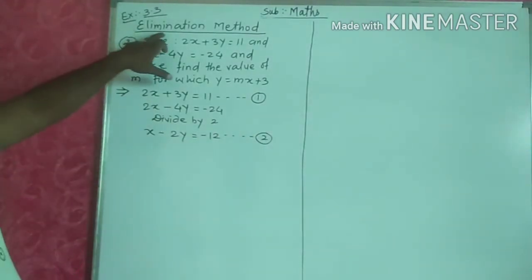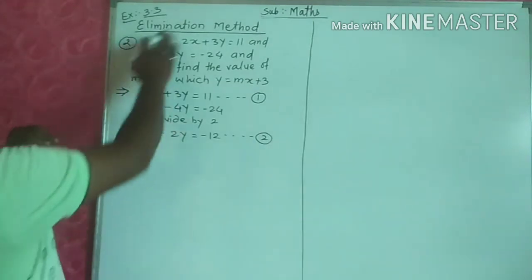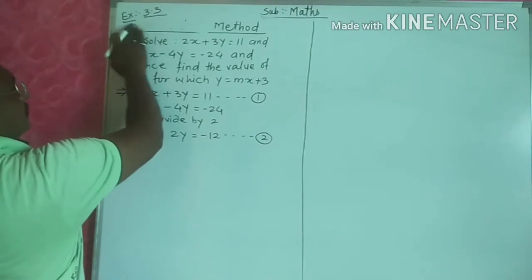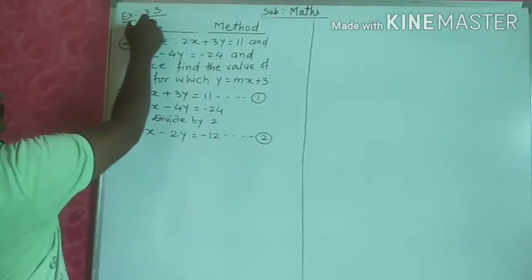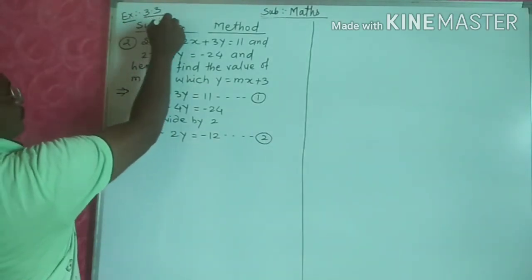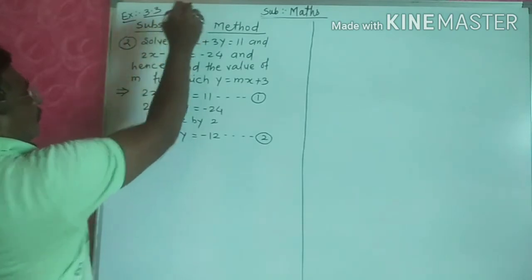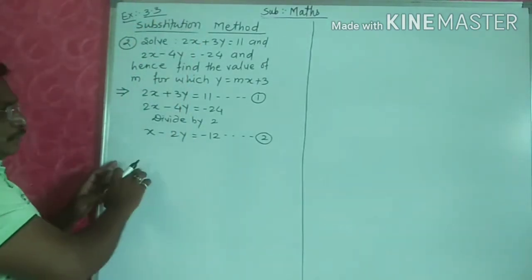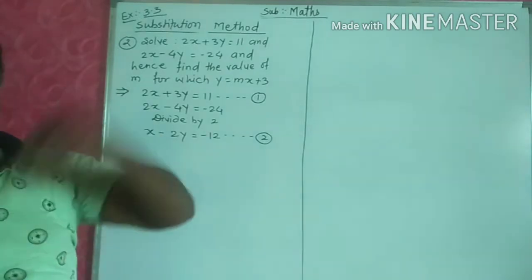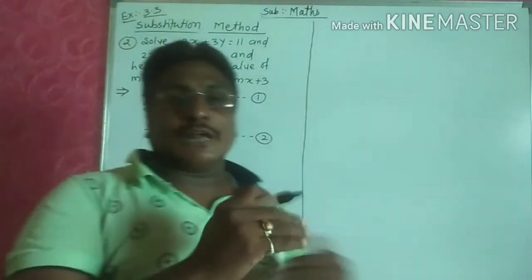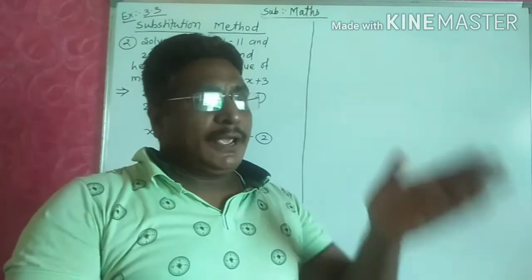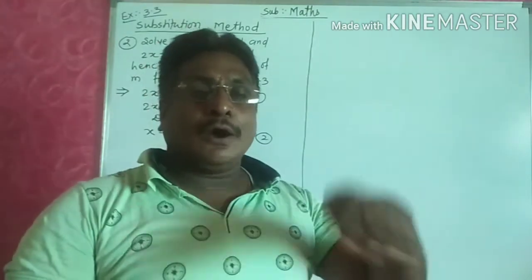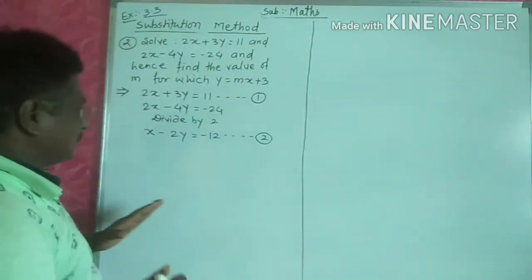Now, elimination method. The first method we studied was the substitution method. In the substitution method, we have to convert any one equation, transform it into the form x in terms of y or y in terms of x.